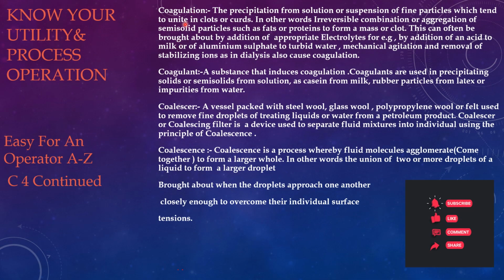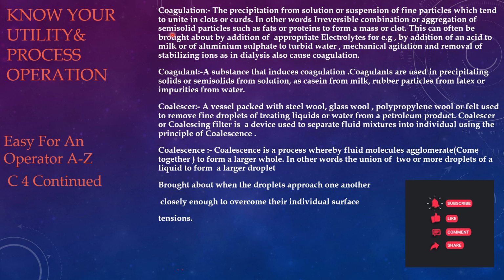In this slide, we'll see some more important terminologies starting with C. Coagulation is a precipitation from solution or suspensions of fine particles which tend to unite in clots or curds. In other words, it is the irreversible combination or aggregation of semi-solid particles such as fats or proteins to form a mass or clot.